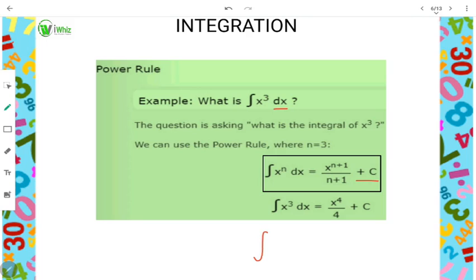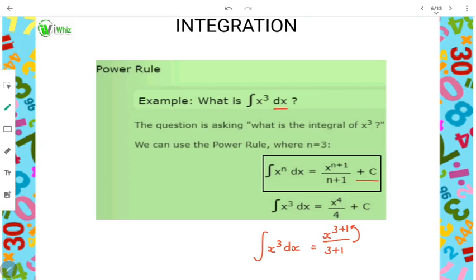I will have the integral of x to the power 3 dx, with respect to x, which is equal to x to the power 3 plus 1 all over 3 plus 1. And that is how I arrived at the answer, x to the power 4 all over 4 plus c. So that is called the power rule.